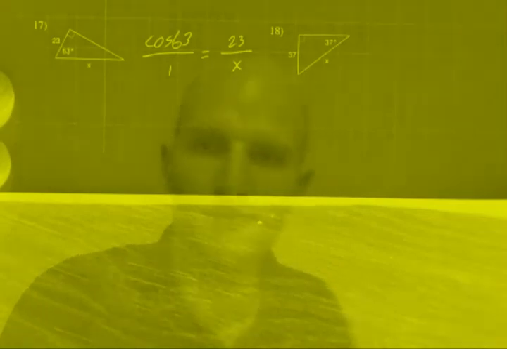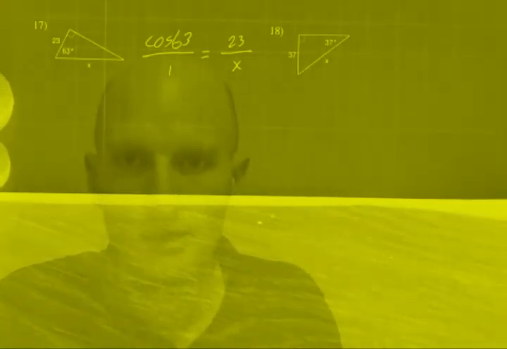Cosine 63 over 1 equals adjacent over hypotenuse. Okay. 23 times 1 is 23 equals cosine 63 times x.